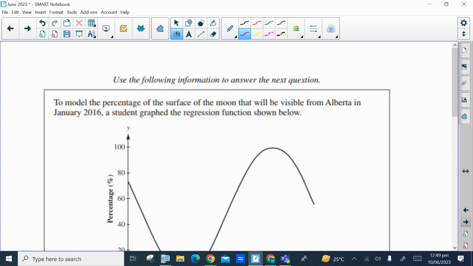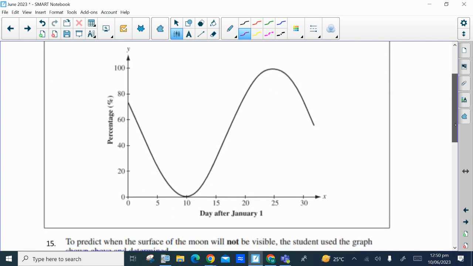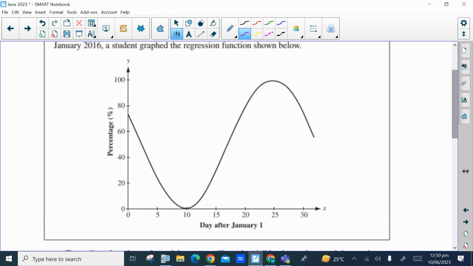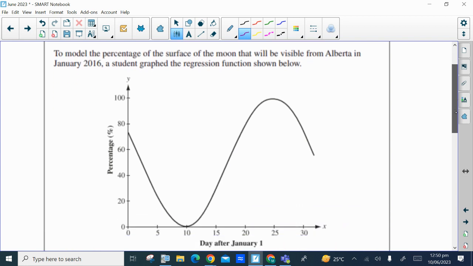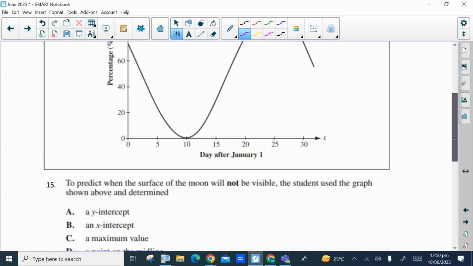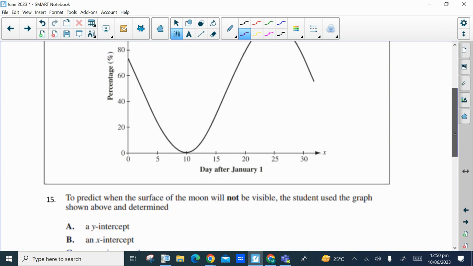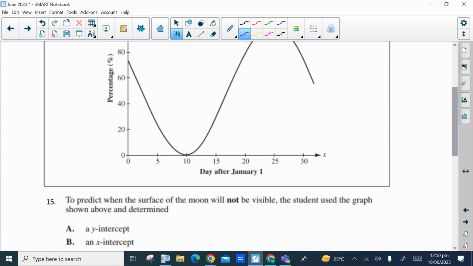To model the percentage of the surface of the moon that will be visible from Alberta in January 2016, a student graphs the regression function shown below. So you can see along the bottom, we have the days after January 1, and along the side, the percentage of the surface that's visible. To predict when the surface of the moon will not be visible, the student used the graph shown above and determined, well, that would be the x-intercept.